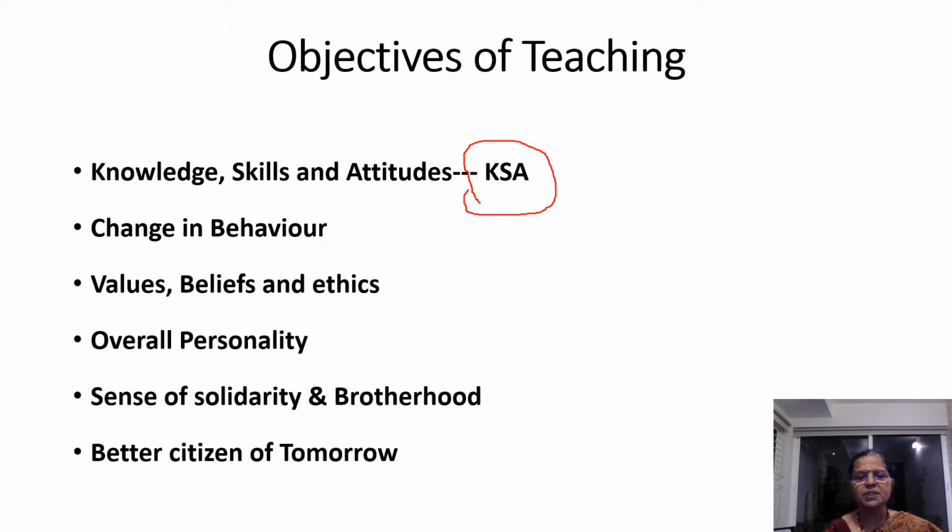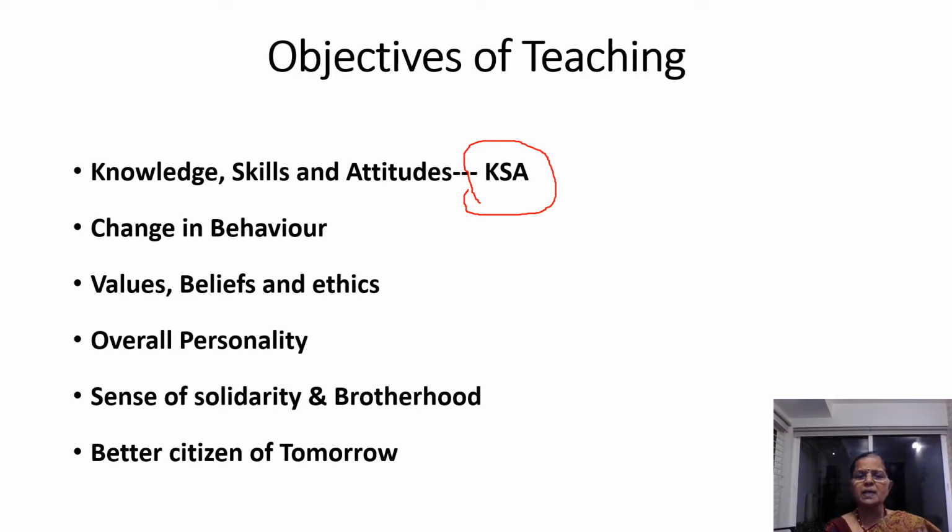K for knowledge and S for skills and attitudes, A. And also we know that knowledge pertains to cognitive domain and skills pertain to psychomotor domain and attitudes pertain to the affective domain. Now we have learned the three domains of knowledge: cognitive domain, psychomotor domain, and the affective domain. It's also otherwise called as KSA for short.